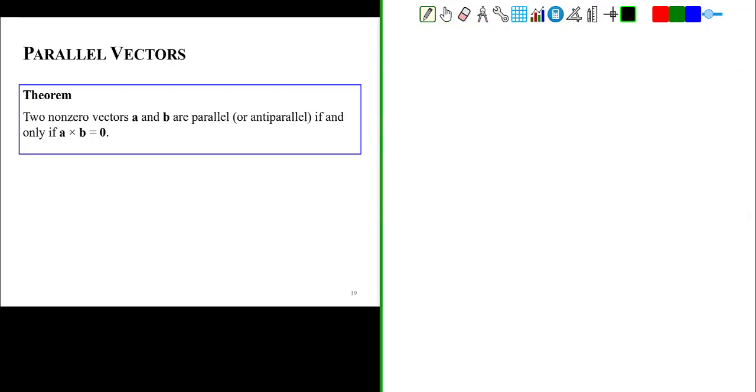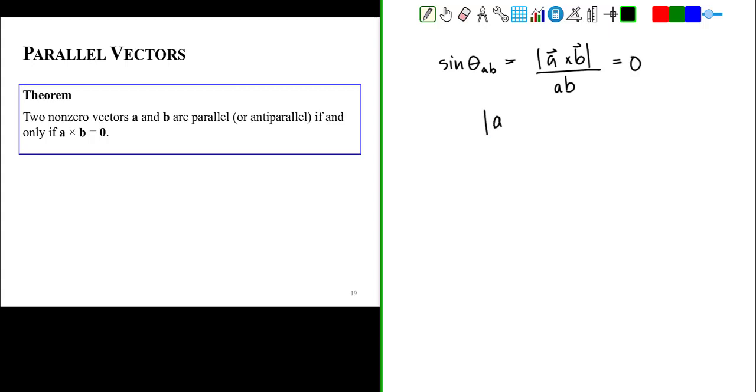So in other words, the sine of the angle between the two vectors, which is equal to the magnitude of the cross product between the two vectors over the product of the magnitudes of the two vectors, must be equal to zero if those vectors lie along the same line.